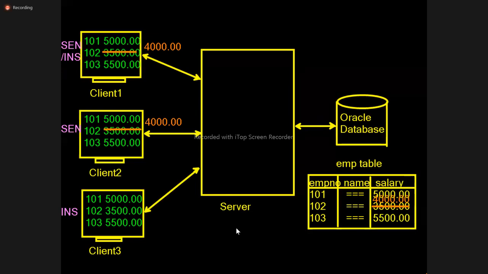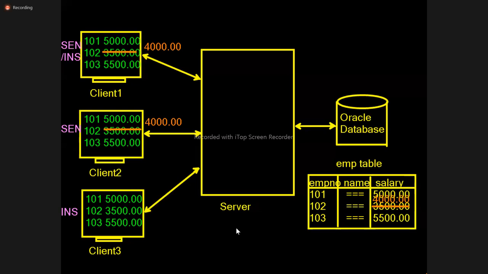Okay. Example, stock market application. Trading time is morning 10 to 5. Many people will sell and purchase shares. At that time, during trading time, the share values increase and decrease in fractions of seconds.